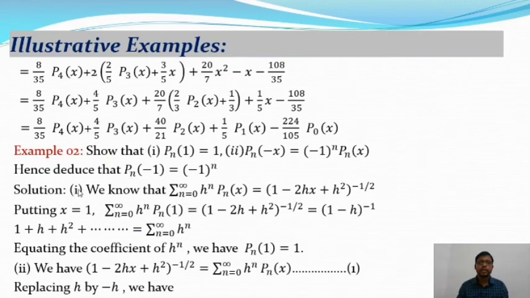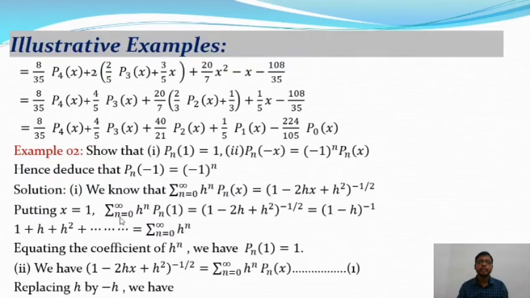Now we take the first problem. We know that the summation over n from 0 to infinity of h^n Pn(x) is equal to (1 - 2hx + h^2)^(-1/2). This is the generating function of the Legendre polynomials, you know that. Now we put x equal to 1 in that.